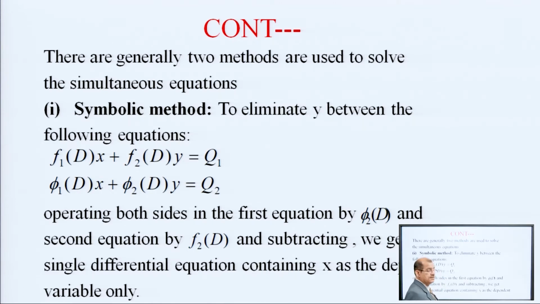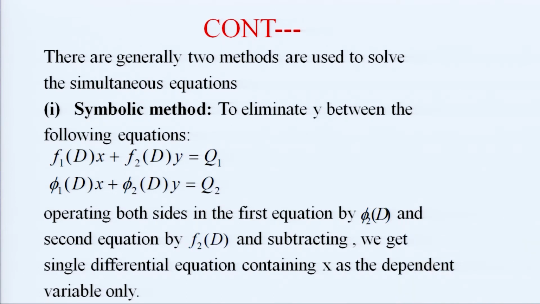Operating both sides, in the first equation by phi 2 D and the second by f2 D, and subtracting, we get the single differential equation containing x as the dependent variable, means y cancelled out.